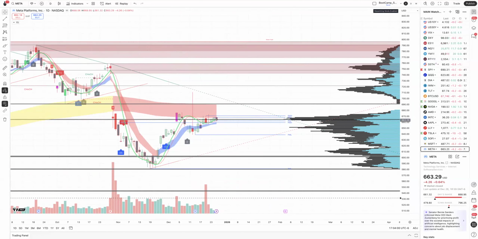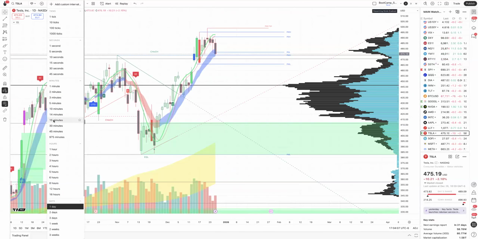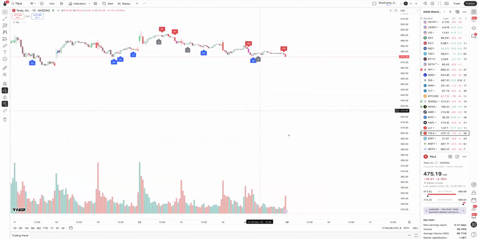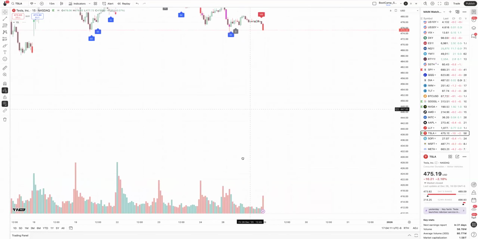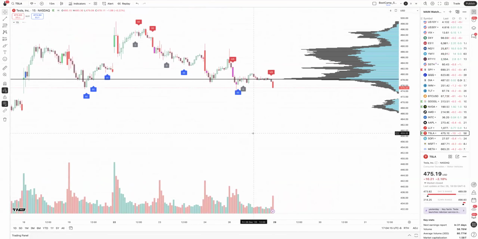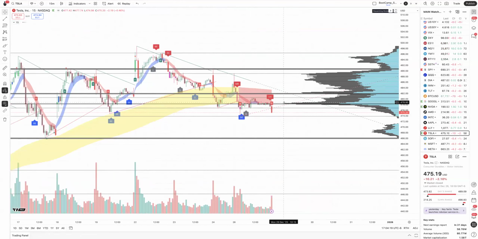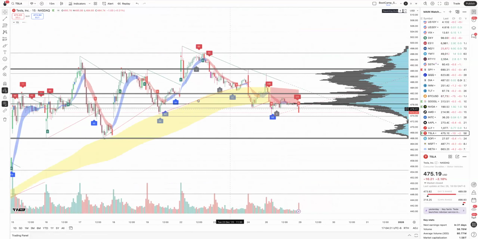So let's look at Tesla for an example, because Tesla's been dropping back down. Let's look at Tesla on a 15-minute time frame. We're in this downtrend, right? We just lost the 200, right?